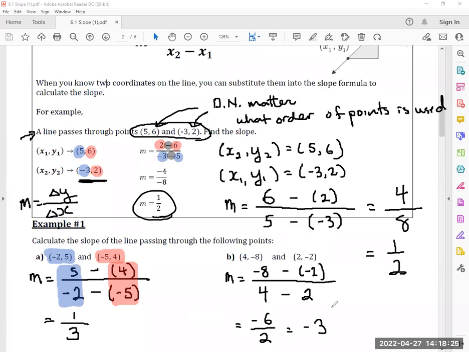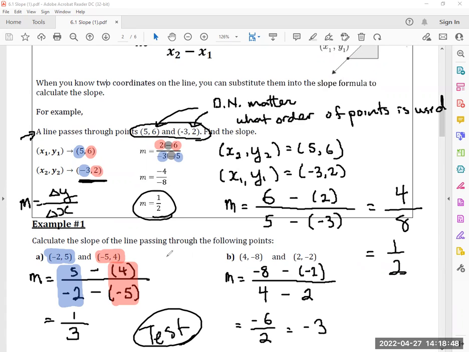Go ahead, ask away. Anyone? Questions? Okay, I'm going to ask you to test it. In the practice one right beneath, I give you the same points. I want you to switch the order and see if you get the same slope.